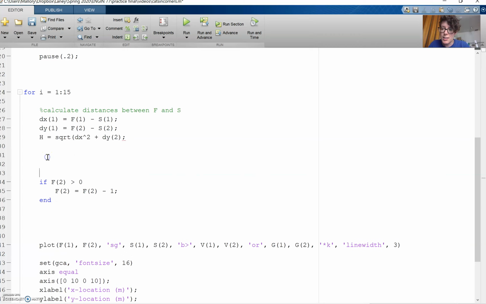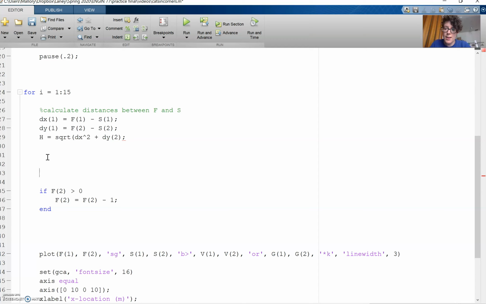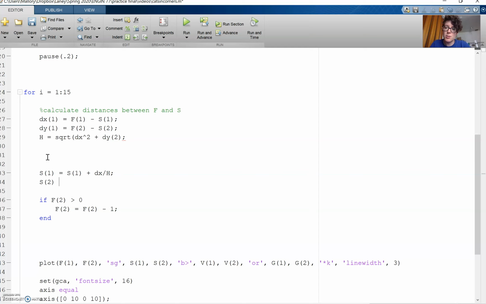And then down here, I should have that my S of 1 is going to be S of 1 plus dx divided by H, and S of 2 is going to be S of 2 plus dx divided by H. But let's also account for if we run into our Garfield.